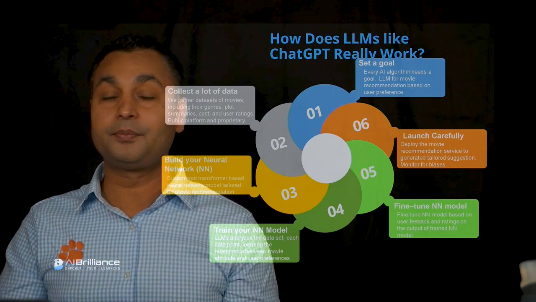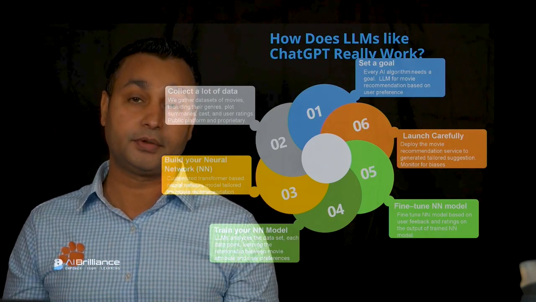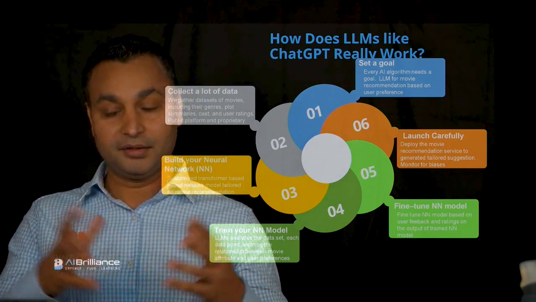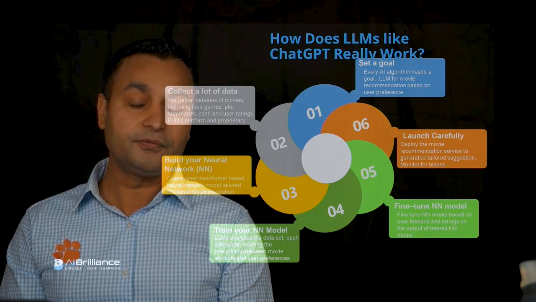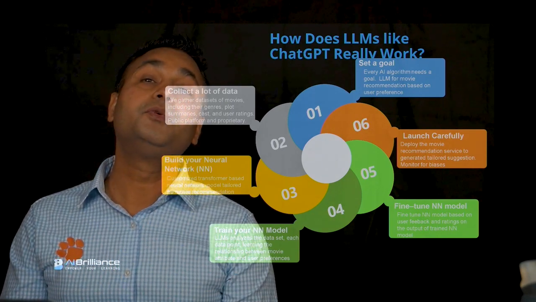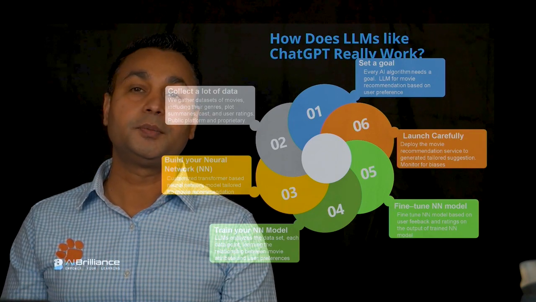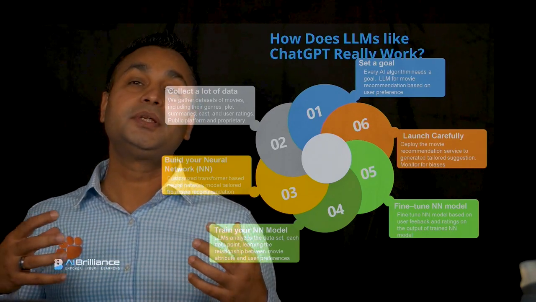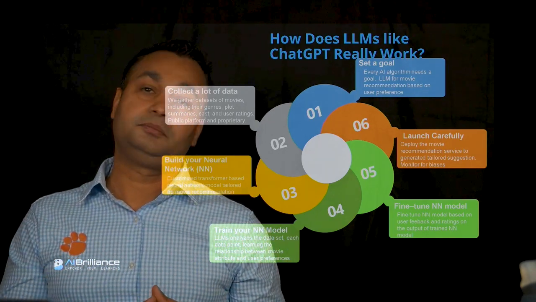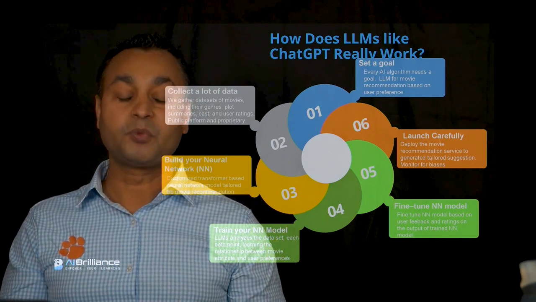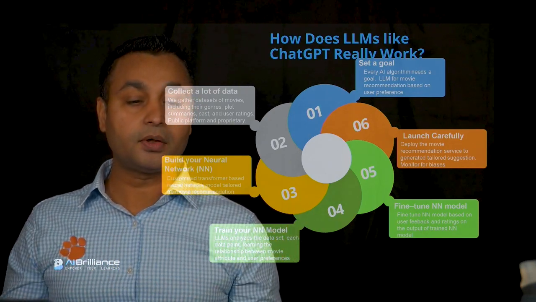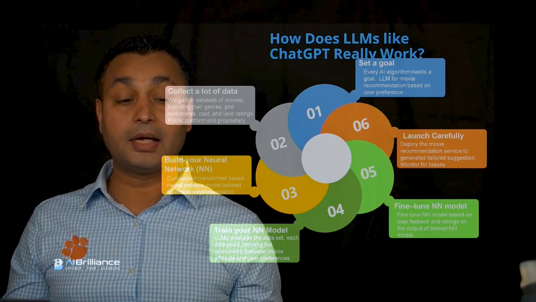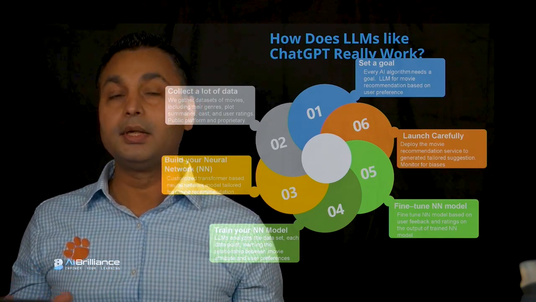Now if you follow the steps and processes, collect the data, train the models, and refine and launch carefully, then you will essentially have an application programming interface or an app that can be used for movie recommendation based upon user inputs, and users can interact, and that interaction could be geared towards suggesting different movies and finding different insightful things in the movie domain. So this summarizes the main steps of implementing large language models, and how large language models like ChatGPT really work at a very high level.